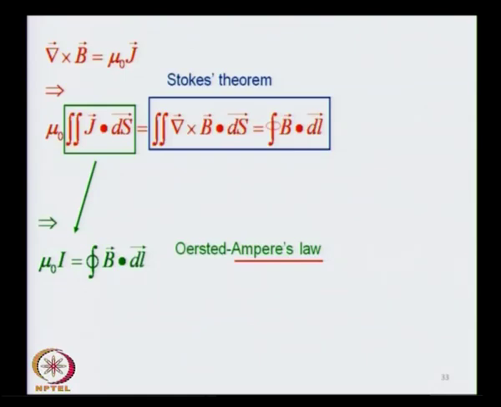So, you get mu 0 times the net current equal to the circulation of B dot dl, and this is known as the Oersted-Ampere's law. This was recognized by Oersted, who did various experiments. It was recognized by Ampere also, and this rule was formulated on the basis of empirical observations carried out by Oersted and Ampere. So, this is known as the Oersted-Ampere's law.